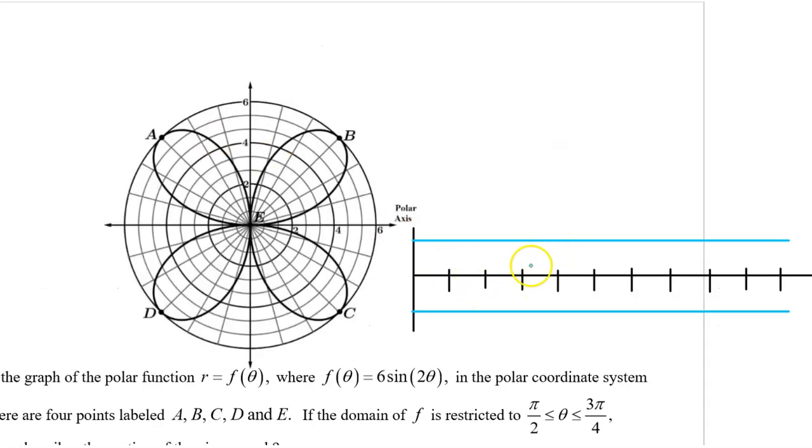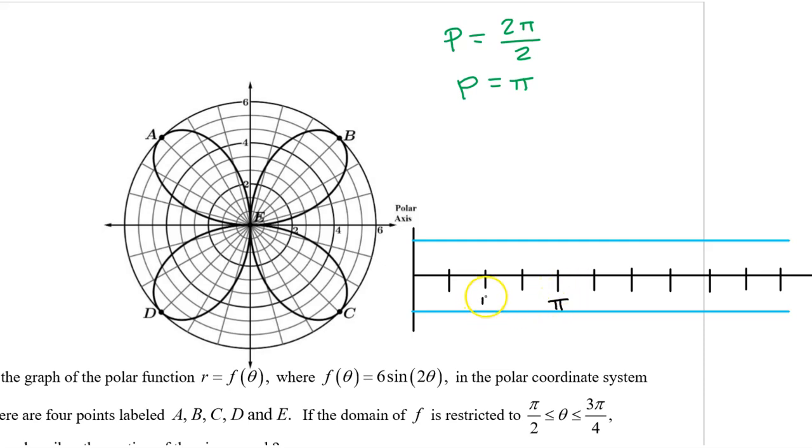As usual, let's make a rectangular graph. Because of this b value of 2, we know the period will be given by 2 pi divided by that b value, 2 pi over 2. So the period will be pi. That's why I'm going to count out 4 quarter periods, 1, 2, 3, 4, and I'm going to drop a pi.